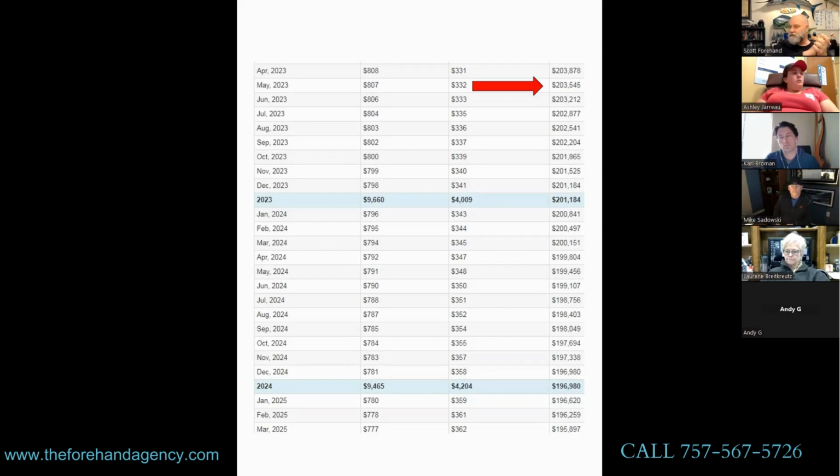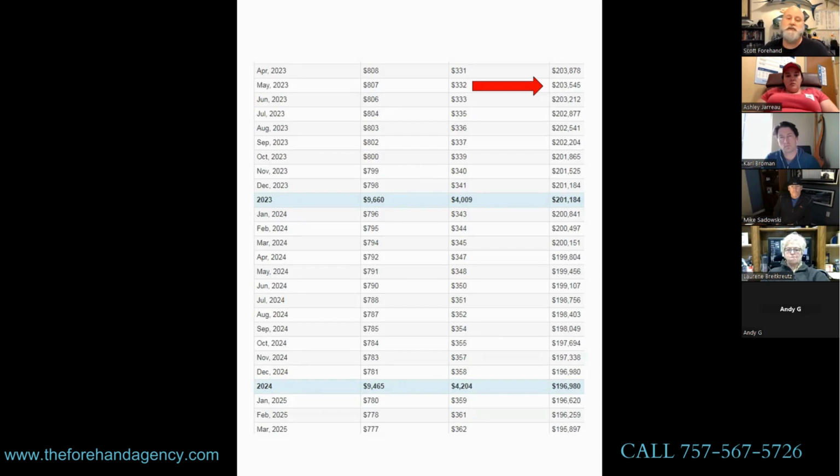So if you look at this, this is a standard amortization schedule for $215,000 over 30 years with an average interest rate, I think it was 4.2% or something like that. So if you look at October of 2023, the premium they were paying, principal and interest, doesn't change.